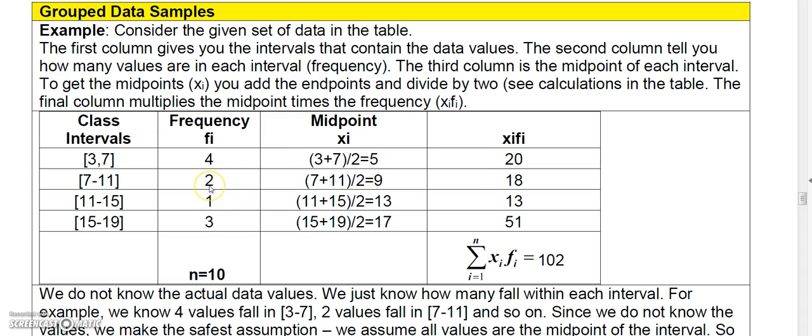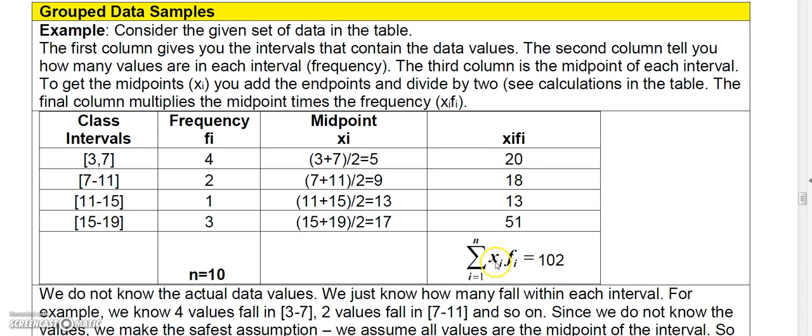And then here I have 2, and these would be 9s, so 2 9s would be 18. We have 1 13 here, so that would be 13. And here we have 3 17s, and that would be 51. And then we're going to add all of these up and get 102.